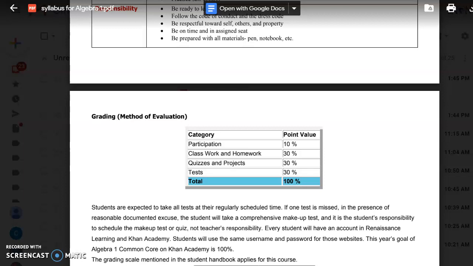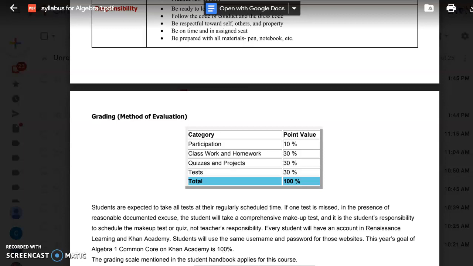So maybe knowing this little information, you can easily improve your GPA. Maybe you're going to say, oh, was it that important? Yes.